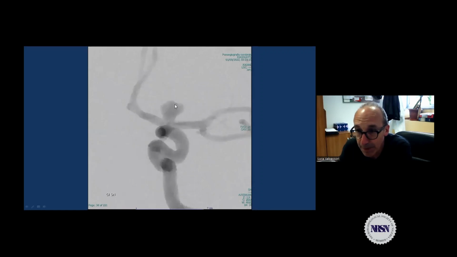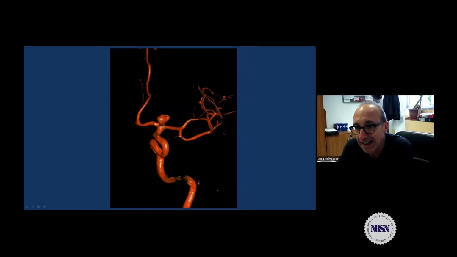This is a case, a basilar tip or carotid aneurysm.